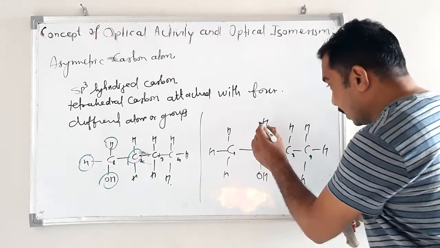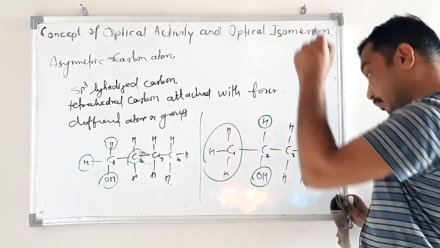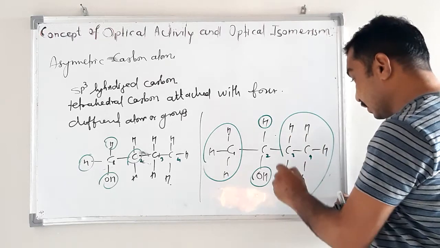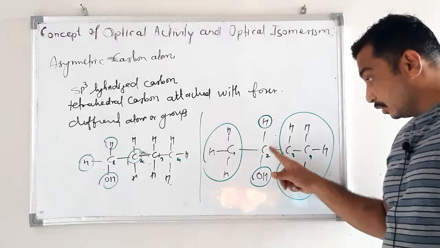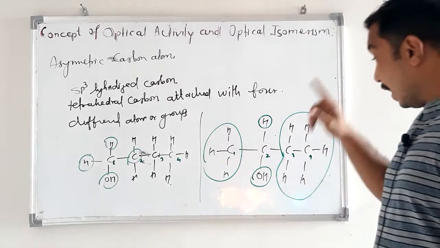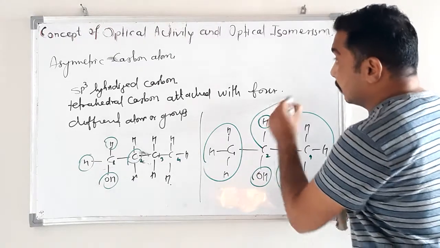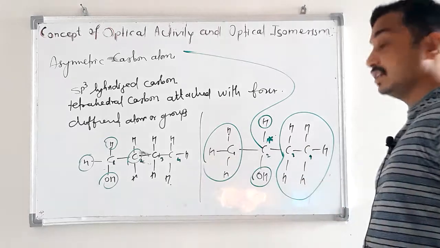See, here hydrogen, here OH group, here methyl group, and here the carbon atom of an ethyl group. So all these 4 groups attached to carbon number 2 in 2-butanol are different. So C2 is an asymmetric carbon atom, and it is represented by this asterisk sign.